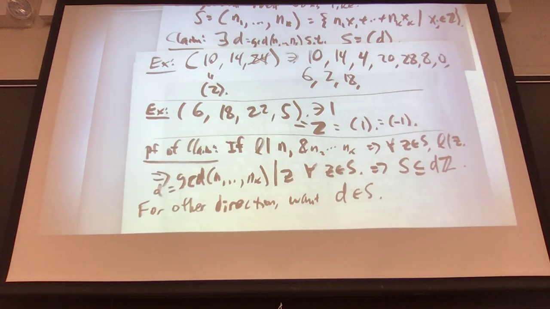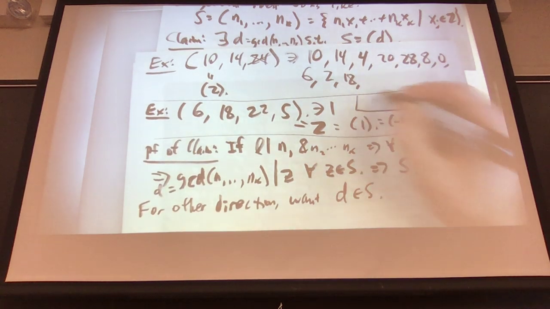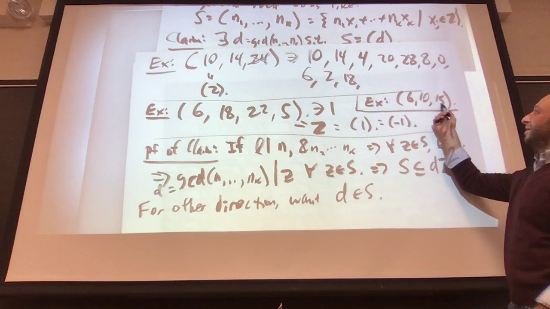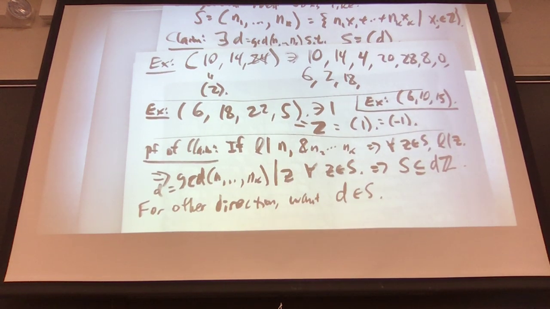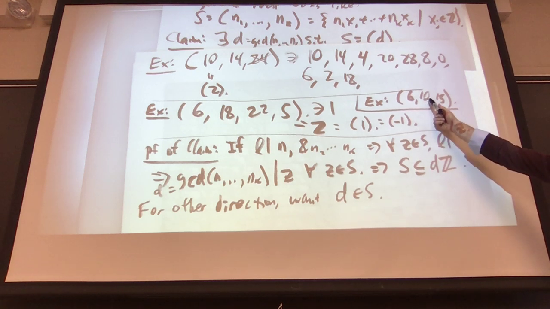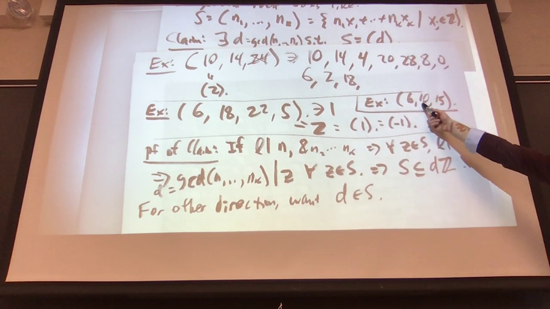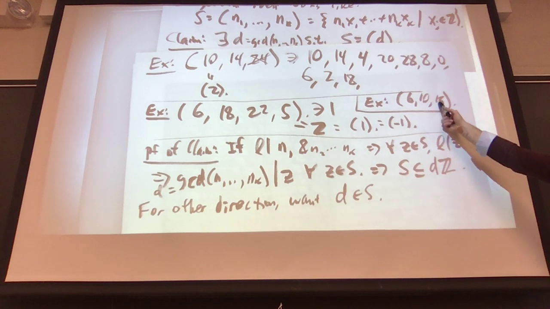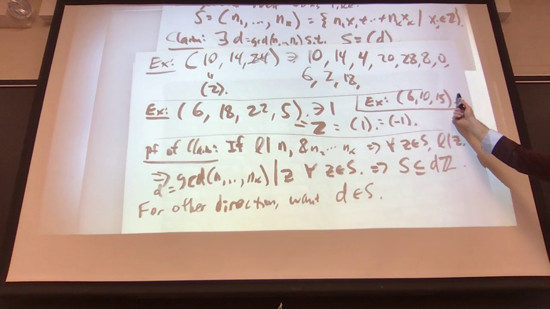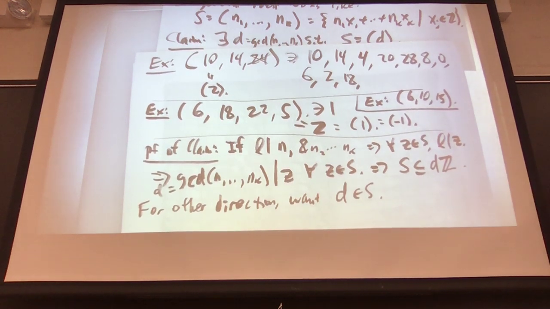A third example, my favorite one, is 6, 10, 15. Any two of them have something in common. But using all three, you can get 15 minus 10 is 5. Once you have 5 and you have 6, then you can get 1. And once you have 1, you have everything. But no pair of them gives you D alone, but you can run the Euclidean algorithm on all of them.